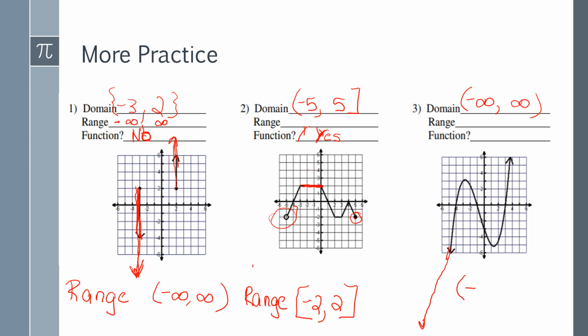So again, it's -infinity to infinity. Just a hint: all polynomials have a domain and range of -infinity to infinity. Is it a function? Yes, all polynomials are functions. So there we go.